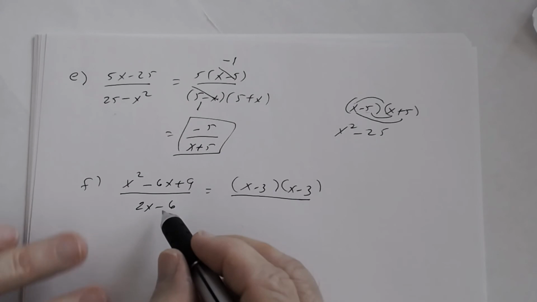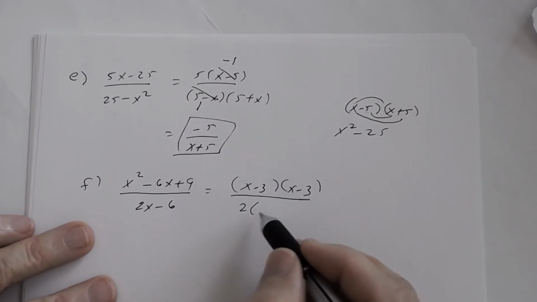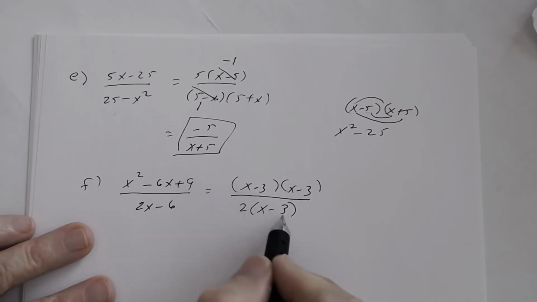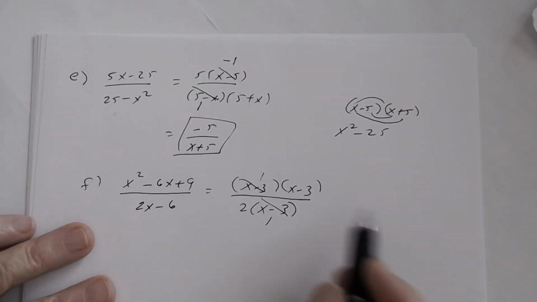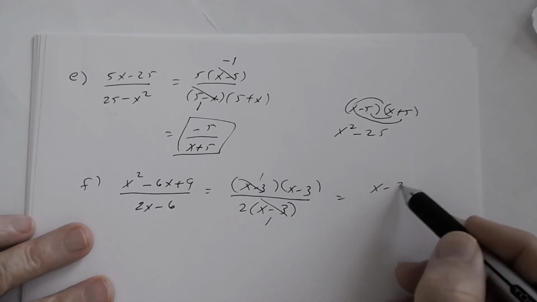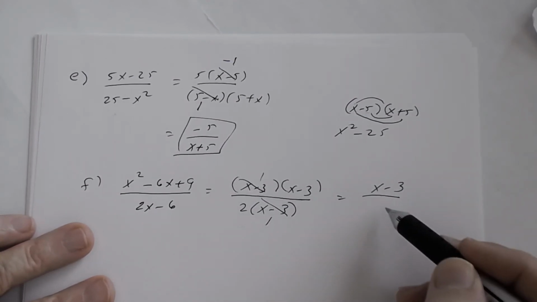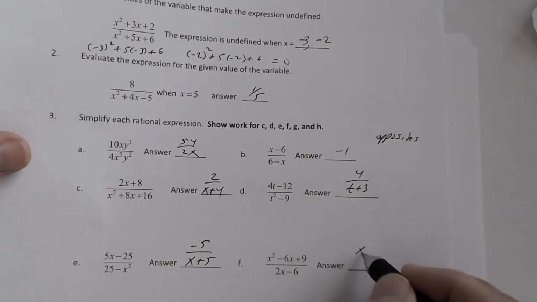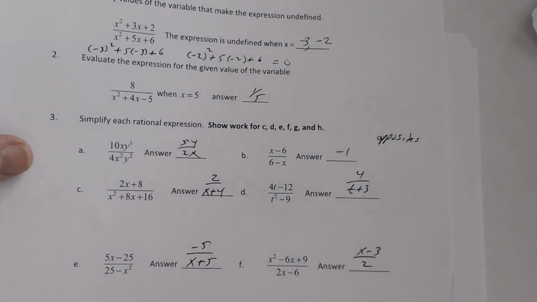And then the denominator looks like I can factor out a 2. So I get 2 times x minus 3. And then I reduce. The x minus 3's divide out. And then that's about all I can do. So I get 1 times x minus 3 is x minus 3. 2 times 1 is 2. And so there's your answer. So letter F, the answer is x minus 3 divided by 2.